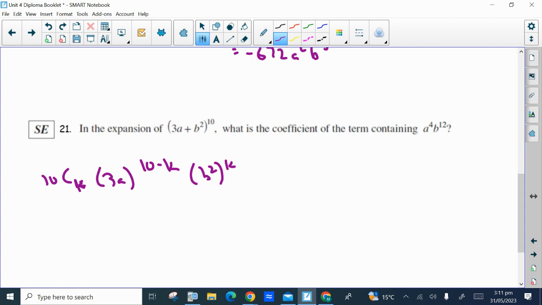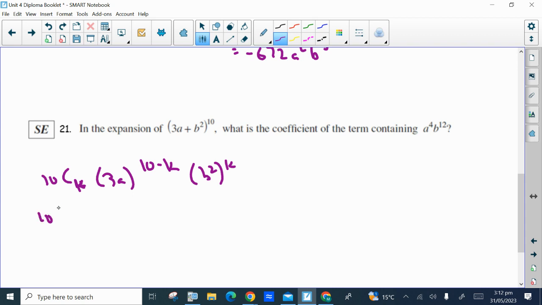The power on b has to be 12. So that tells us that k would have to be 6. And that also works for the power on a as well, because when k is 6, 10 minus 6 is 4. And that gives us the right power on a. So we've established that k has to be 6 to make this work.